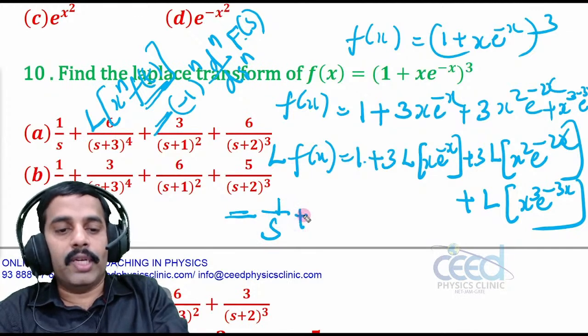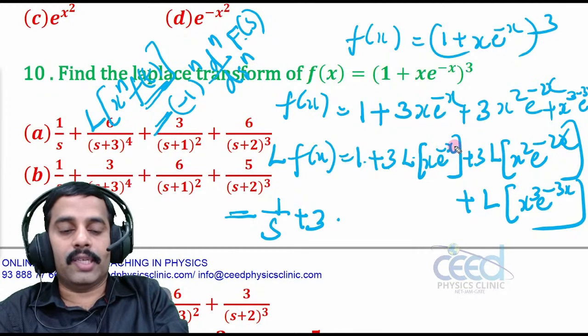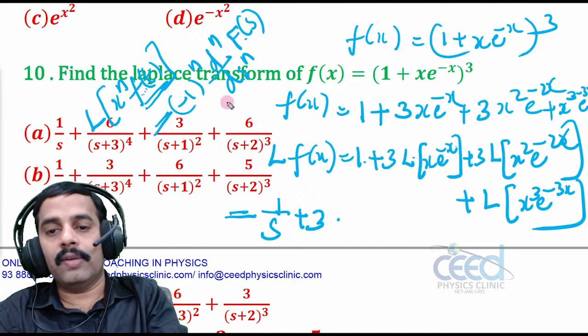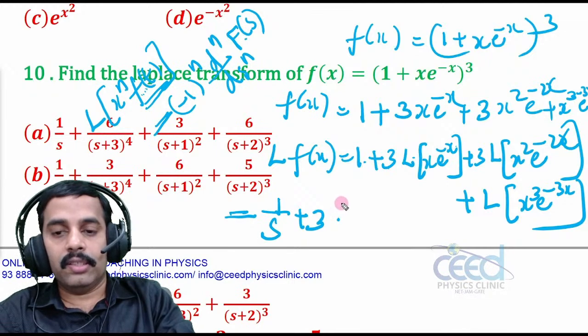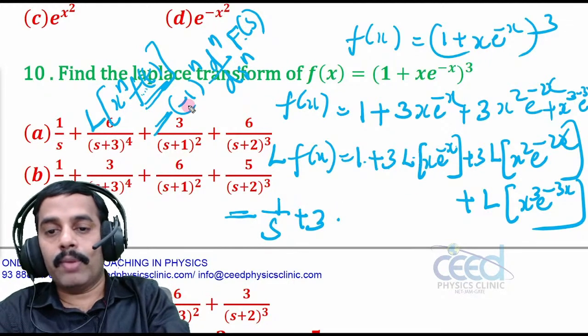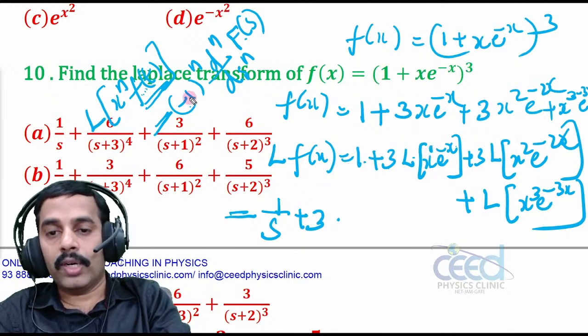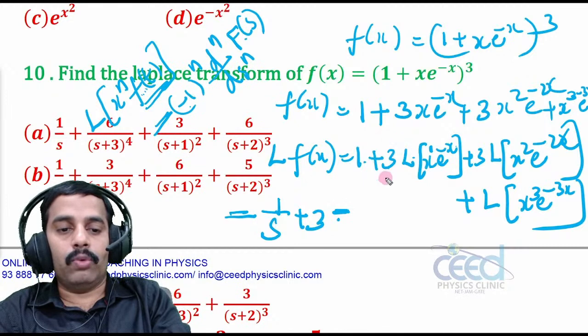So we are focusing on the remaining term, 3 into x raised to 1 e raised to minus x. So n is equal to 1 here, f of t is e raised to minus x, right? So what I can say, minus 1 raised to 1, so there is a minus sign, right? So that is equal to minus, 3 I have put out, right?